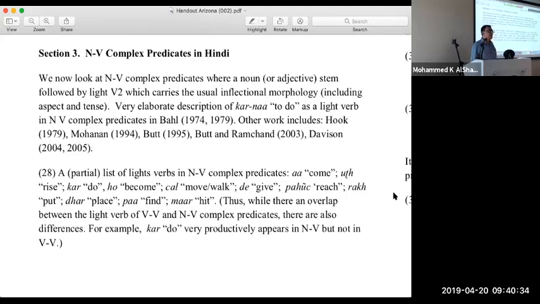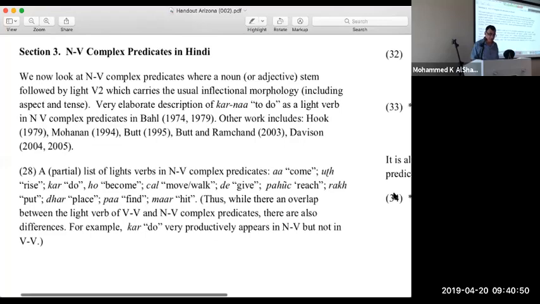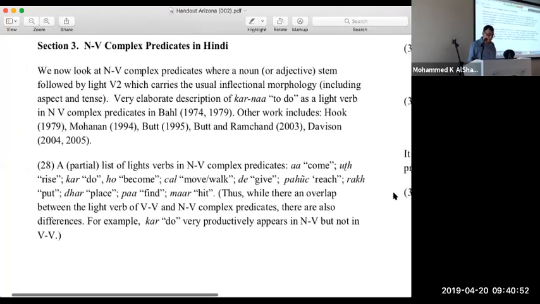In fact, the most productive light verb in NV predicates is do, which actually does not appear in VV complex predicates. Okay? There has to be a deep reason for that, and I am not going to talk about what it could be. I don't really know. Okay.